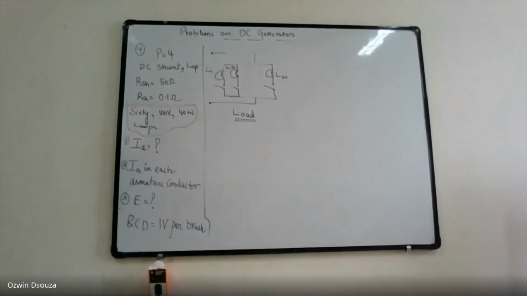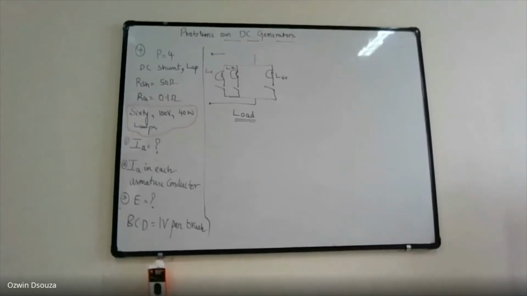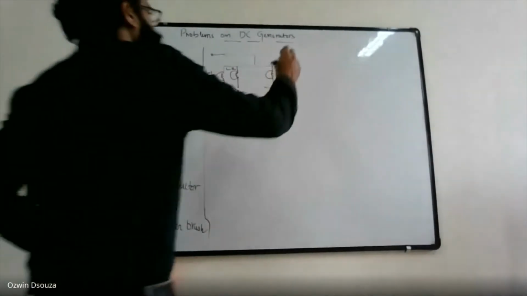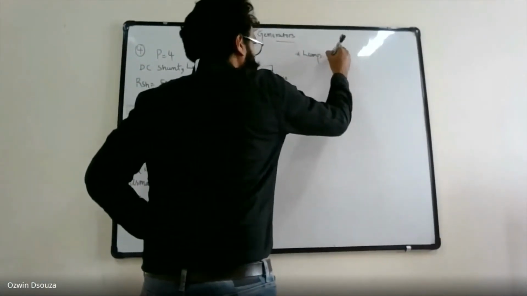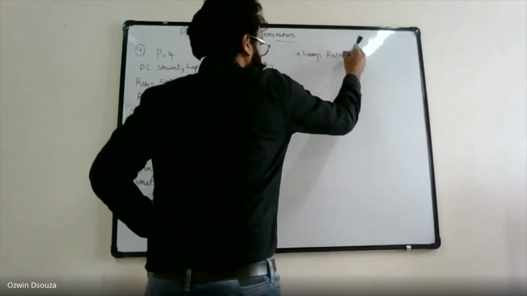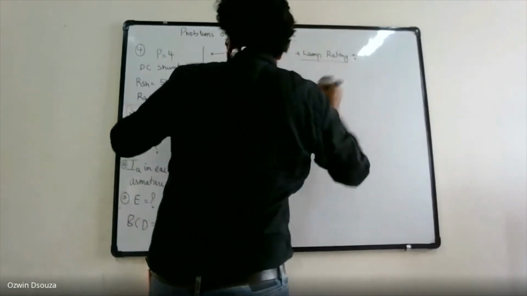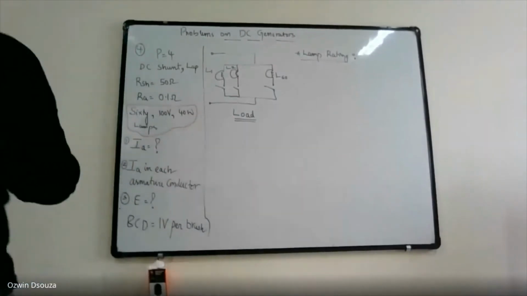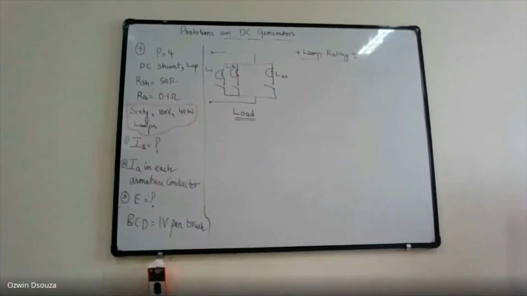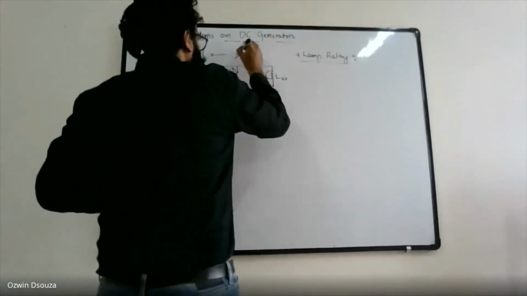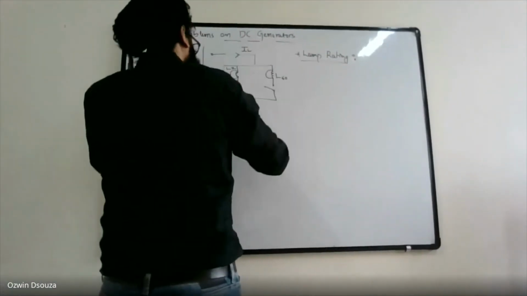So this load consists of 60 lamps, 100 volt, 40 watt. Now what you can do is find out the lamp rating. From the lamp rating, if you are able to find the current drawn by one lamp, you will be able to find the load current.